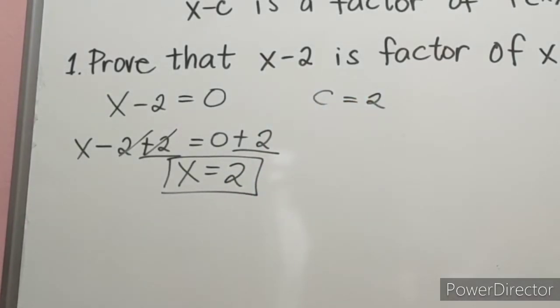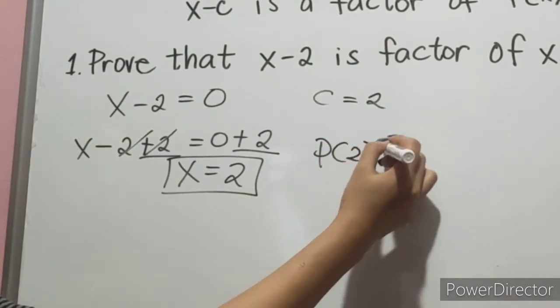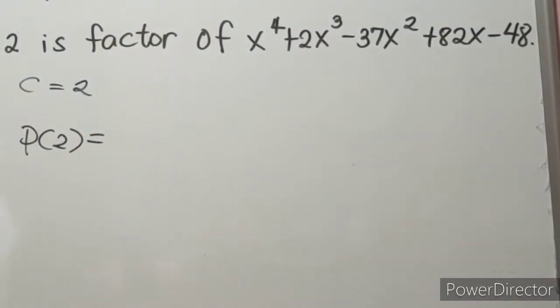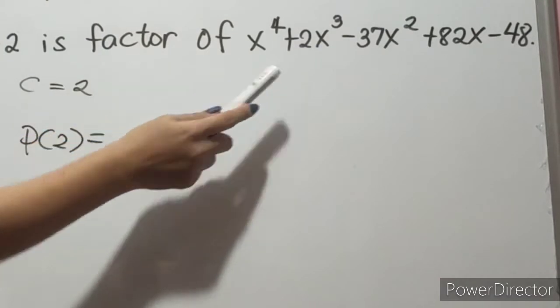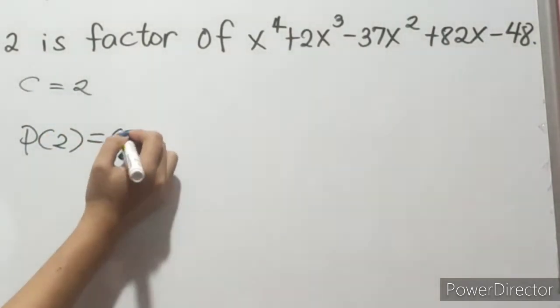Now, we will be getting p of 2. By substituting it to our polynomial, which is x raised to 4 plus 2x cubed minus 37x squared plus 82x minus 48. So, let's substitute first.